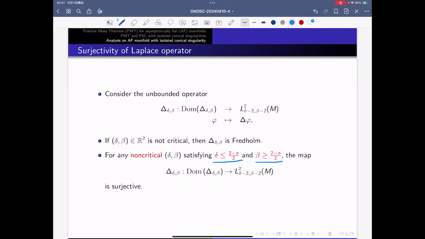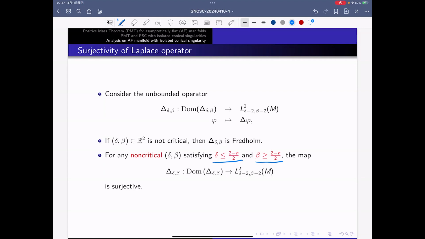These are okay, but this region of delta and beta is actually not good enough for us to solve the equation as we need.